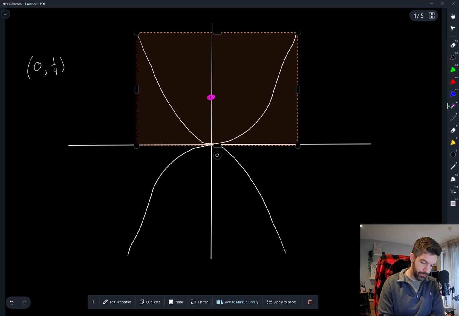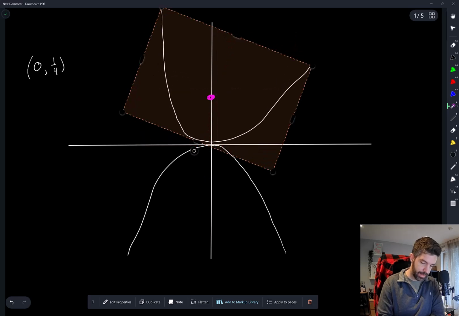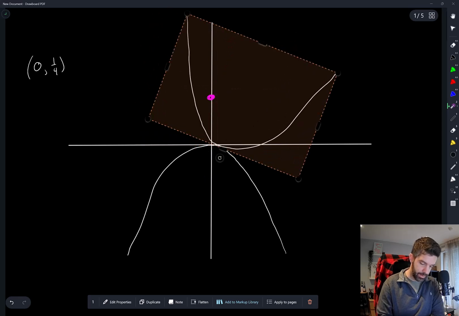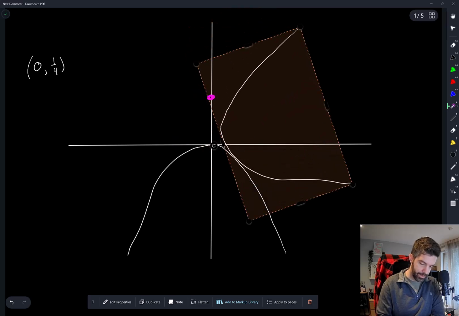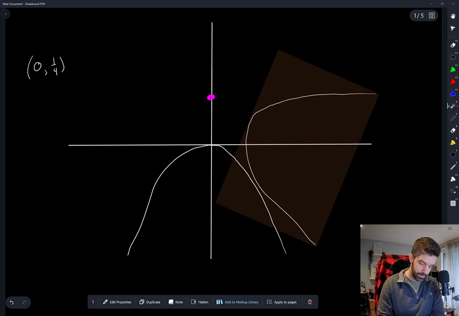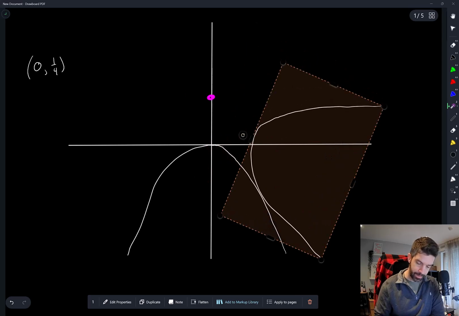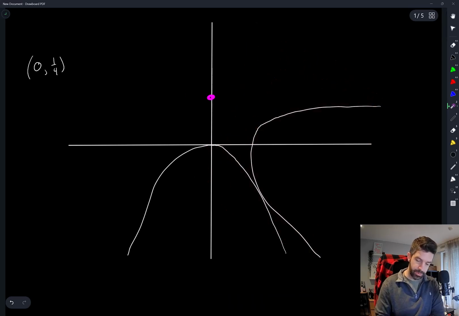As it rotates and spins, it always stays in contact like so. And as it does that rotation, the focus is also going to move, and we're asked to find the locus of its focus.